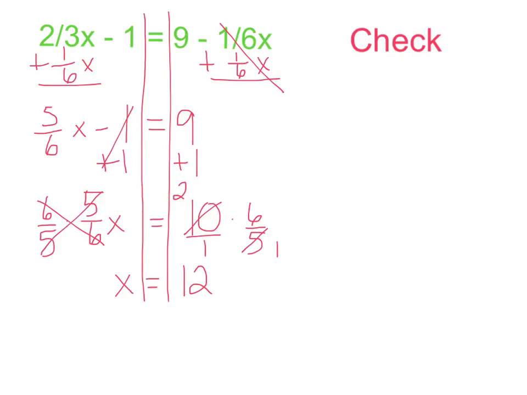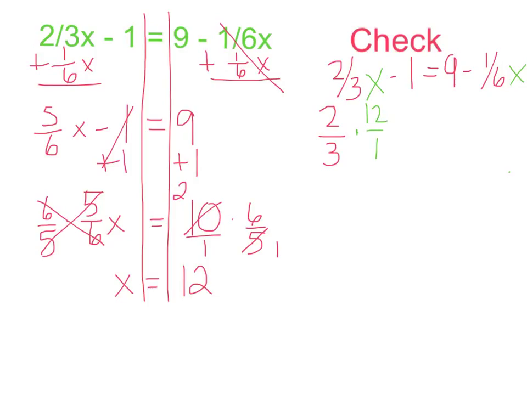So now let's check our answer. Every time I see the variable x, I'm going to put 12. So I'll rewrite the original problem. 2/3 times 12 over 1.